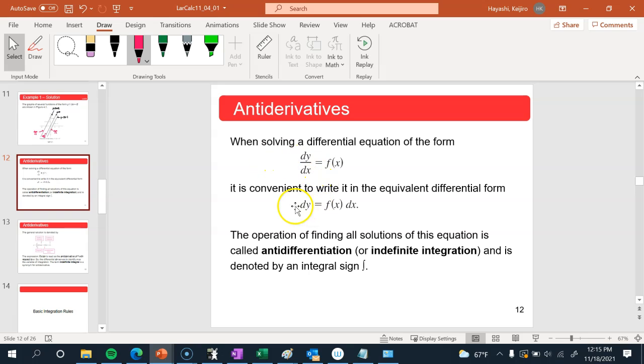This isn't actually something that we're going to have to do, like, you're never actually going to have to write anything in this form exactly. But I'll sort of tell you where it comes from. We're trying to solve the differential equation dy dx equals some function.